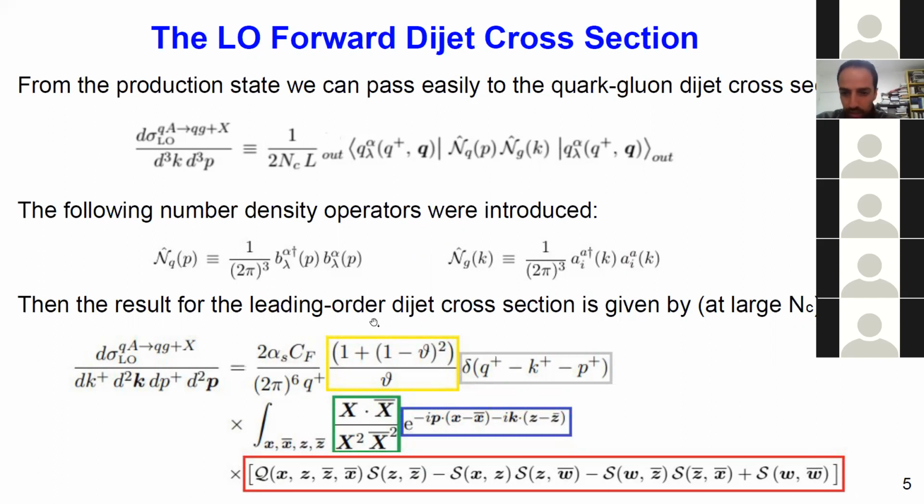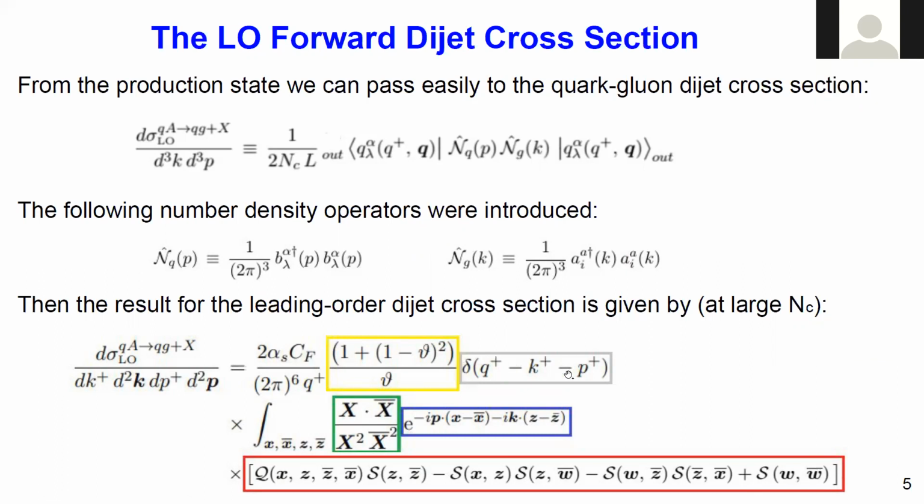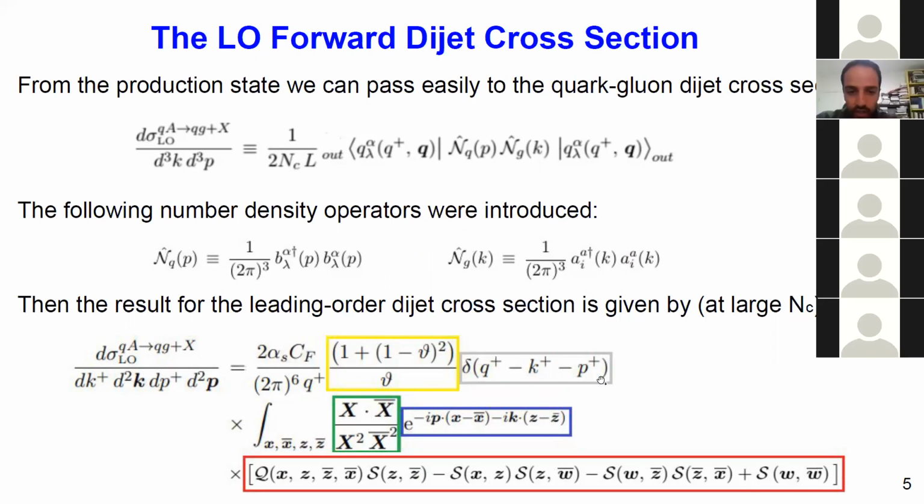in his calculations. So what we see is that indeed this result involves the DGLAP splitting function, some delta function for the conservation of energy, and some Weizsäcker-Williams field that you see in this green box. And there is this blue box, which comes because of the Fourier transform.